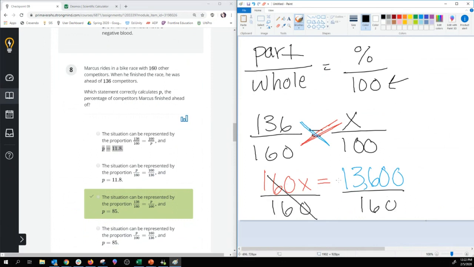And when you do 13,600 divided by 160, you will get 85%. Which means that he finished ahead of 85% of the other competitors, which is pretty good.